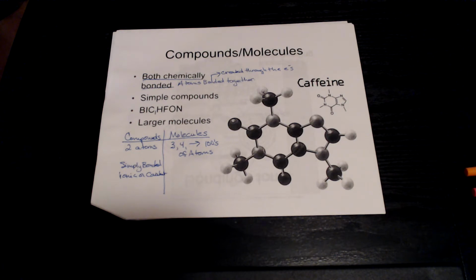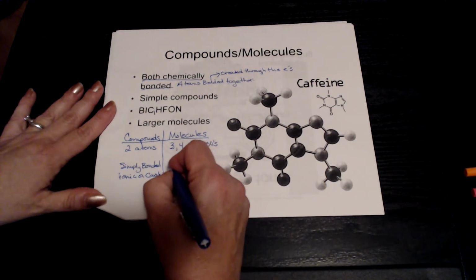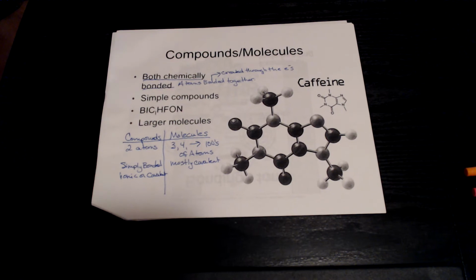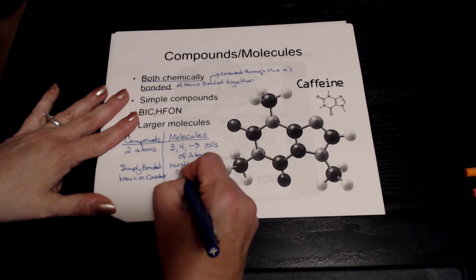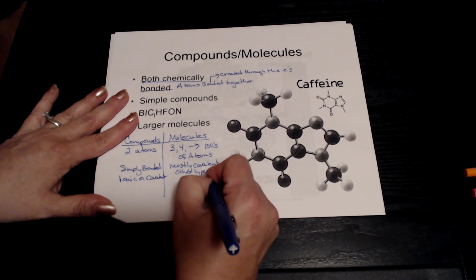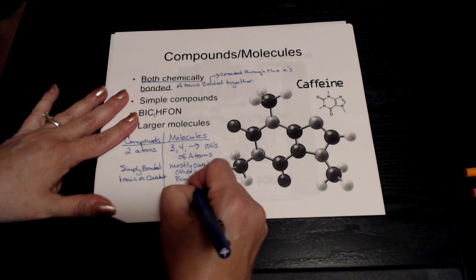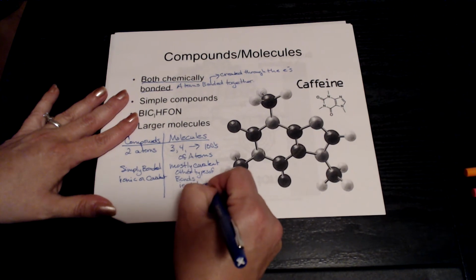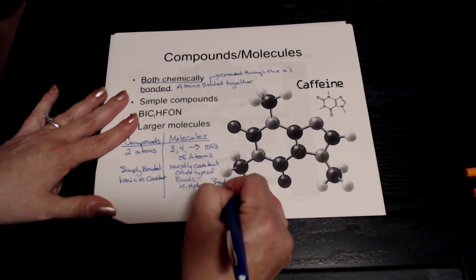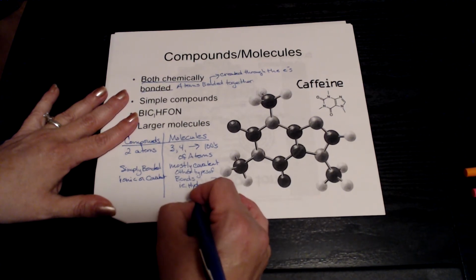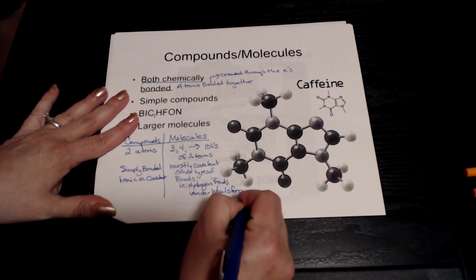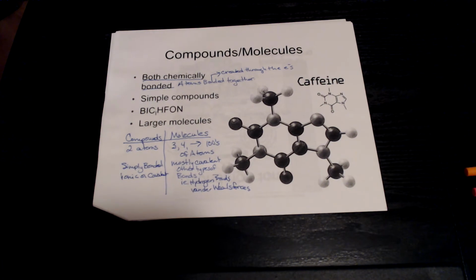Molecules, on the other hand, can be mostly covalent, then you can have other types of bonds, for example, hydrogen bonds, which we'll get to in a couple classes, or those other types of forces that we were looking at in vocab, the van der Waals forces, get involved when we're looking at these bigger molecules.